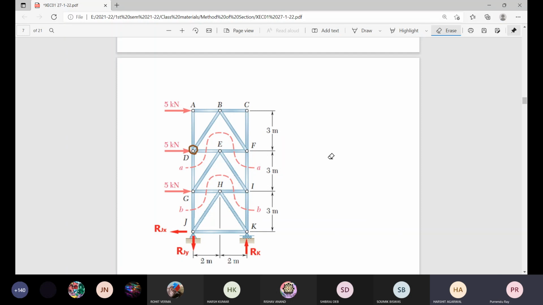Now, it is not mandatory to always consider the supports included there. So with reference to this section, either you consider the lower part for equilibrium, overall equilibrium, or the upper part, compared to this section, which is not a single flat cutting plane, it is a curved one.